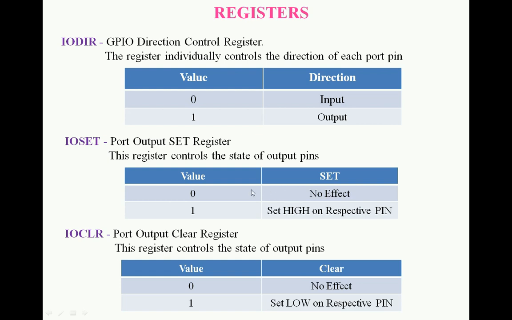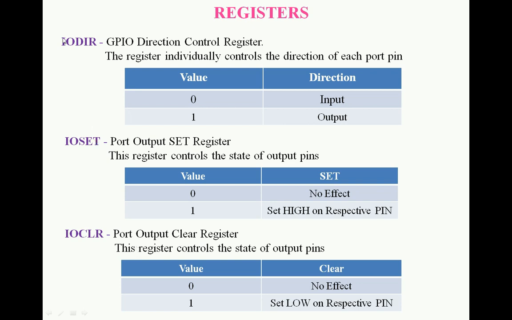IO clear 0, if it contains all ones, 32 ones here, then all pins of port 0 are made low. So this is used to clear the pin outputs, right?